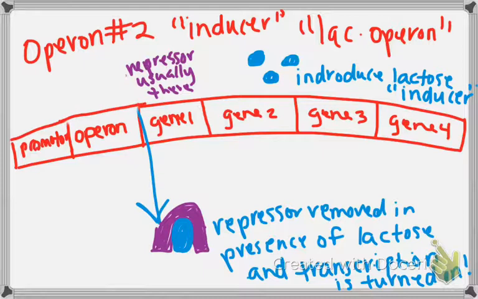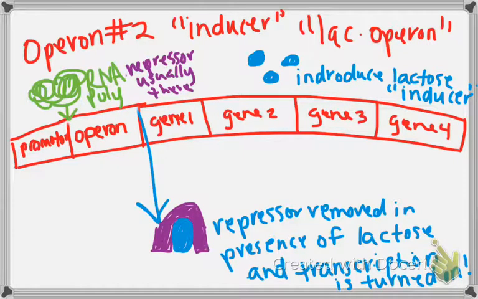Now, RNA polymerase can now come and sit down on the promoter and start going through transcription and reading those genes to be transcribed. It couldn't do it before because that repressor was there.